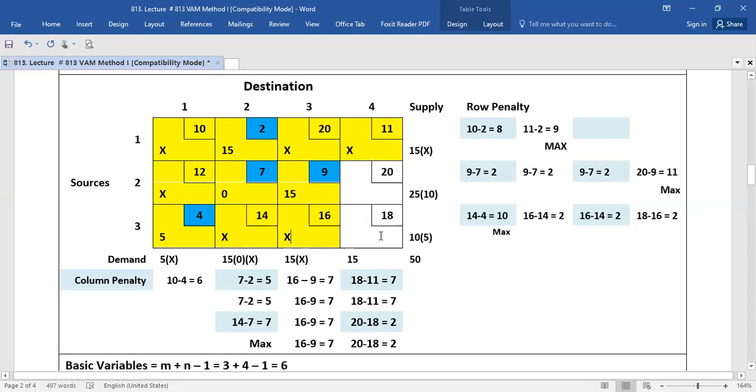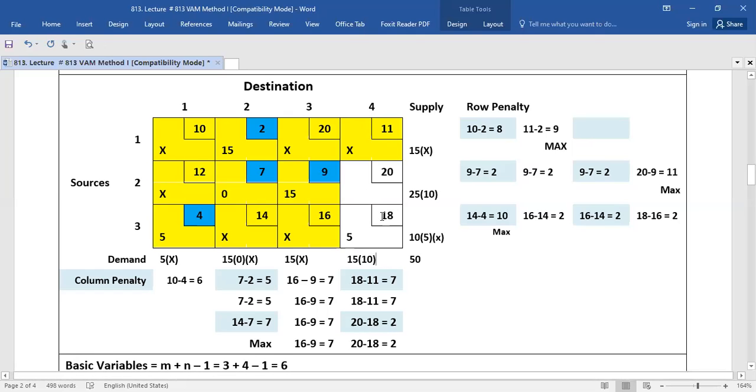So you will make your first allocation in this column which has the minimum cost. This is the minimum cost. So you will make your first allocation in this cell. Yes, here the demand is 15 and supply is 5. So you will put 5 in this cell and put a cross in front of 5 as nothing is left behind, and put 10 in front of 15 as we have 10 as the remaining demand.